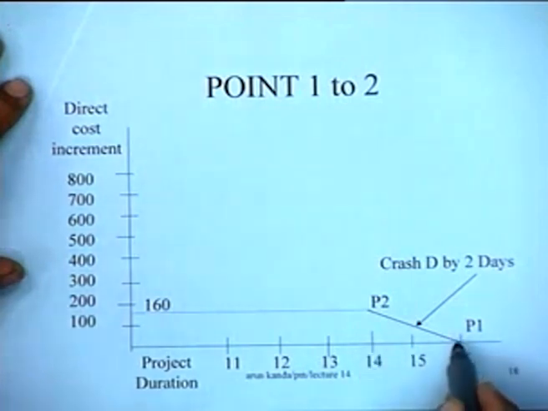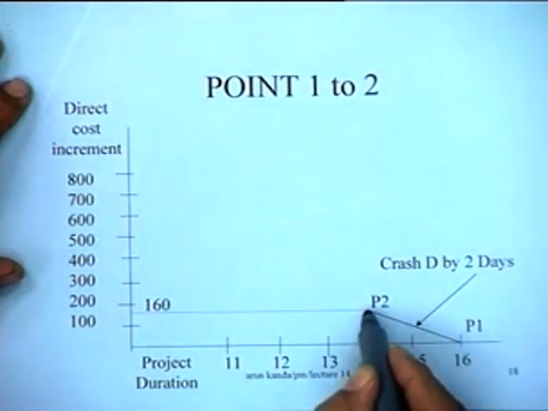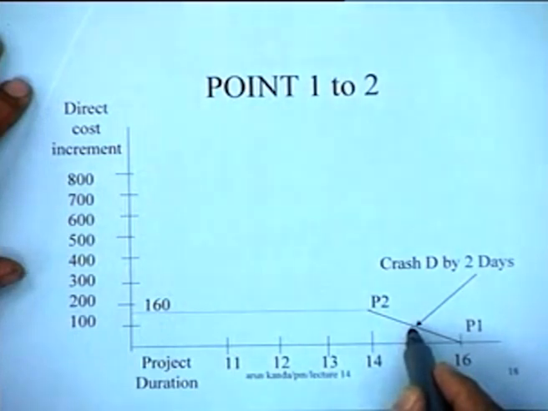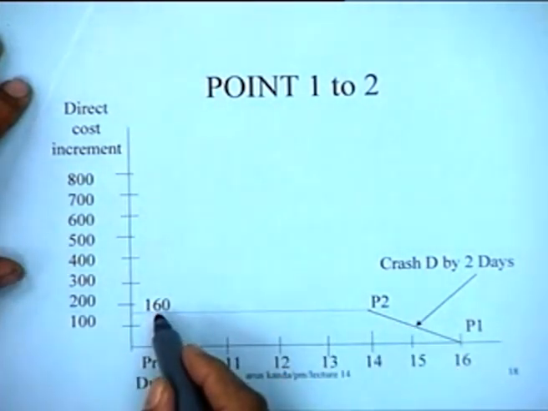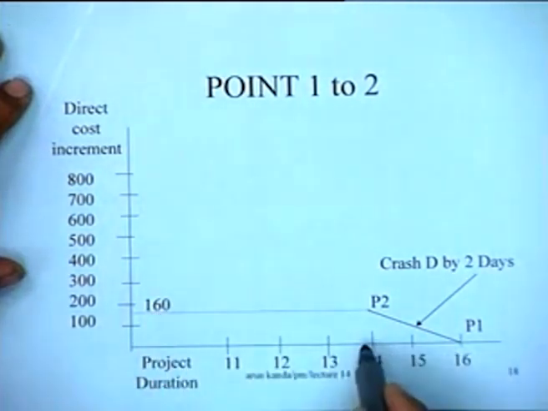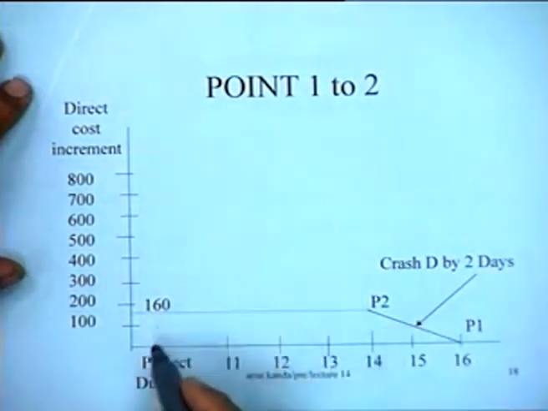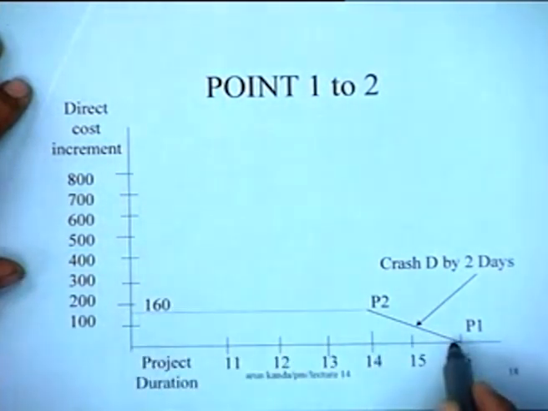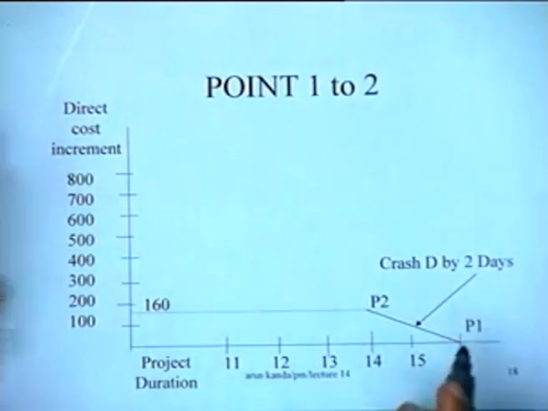And we will move from the point P1 to P2. And since D has a cost slope of 80 rupees per day, the cost increase will be 160 rupees, because we have reduced by 2 days. So 80 into 2. So the basic increase in cost is 160 rupees above the datum level of all normal durations. Okay. So this is what it is.